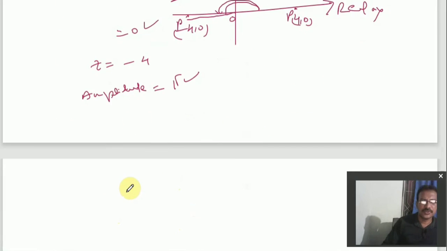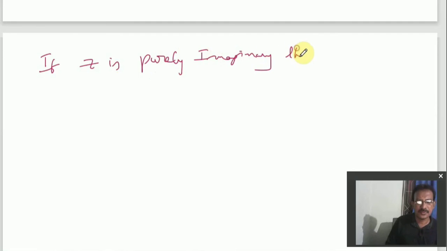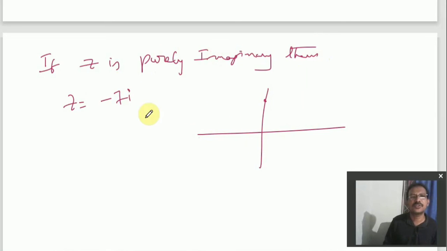Suppose z is purely imaginary, that means it is on the imaginary axis. Suppose z is equal to minus 7i. What about its amplitude?